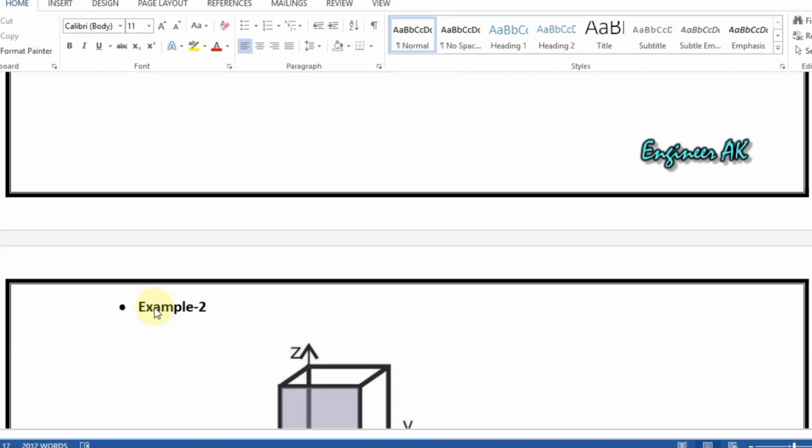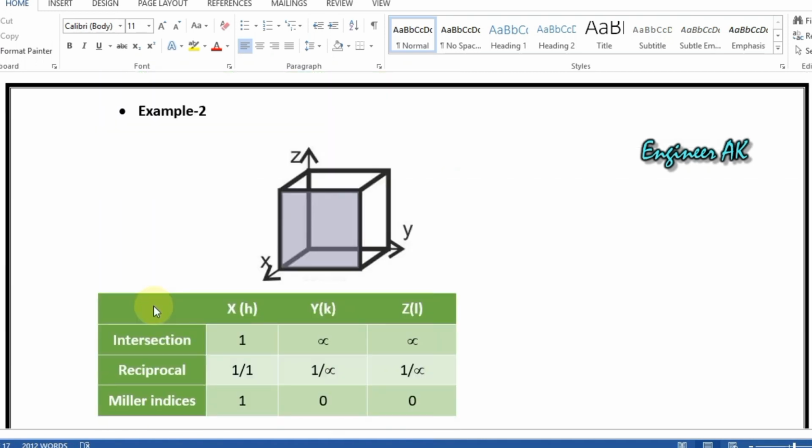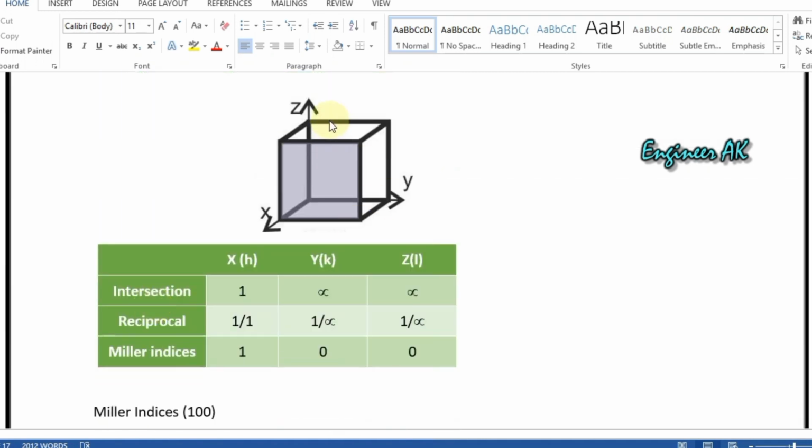Now let's see another example here, example 2. Here again I am taking this as origin. If I move along the x-axis, it is cutting at 1, right? Here I have mentioned it. If I move along the y-axis, it is parallel and not touching, so I would say it is meeting at infinity.